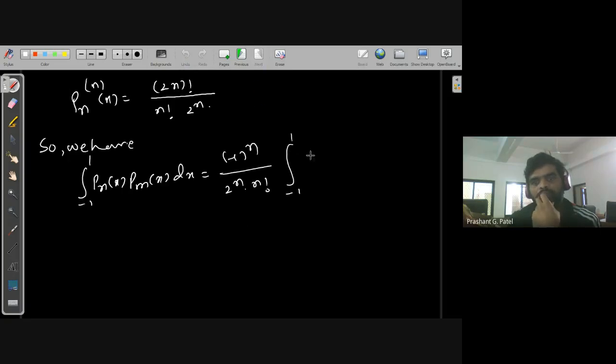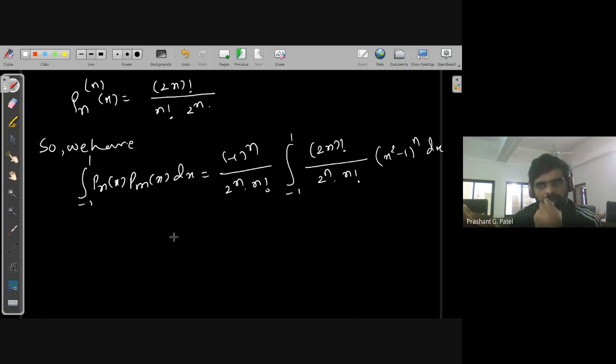So that will give you 2n factorial upon 2^n into n factorial, into (x squared minus 1)^n dx. This is the quantity we got. So this is finally what we get.